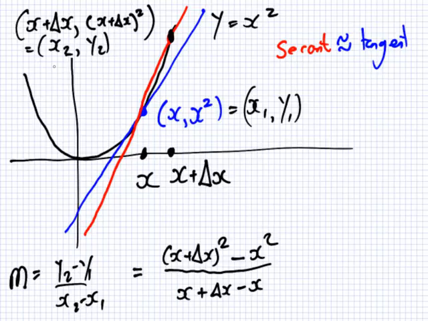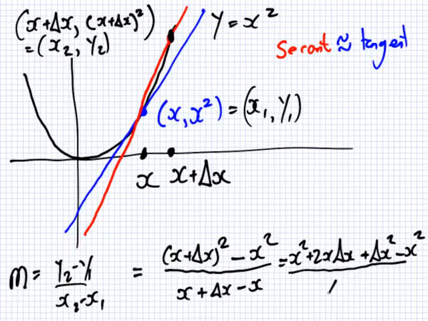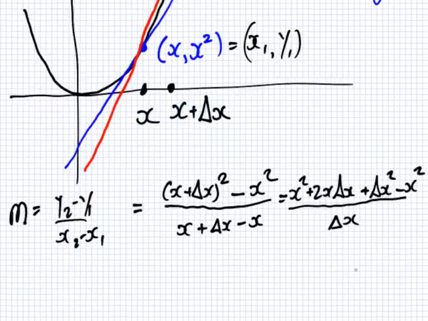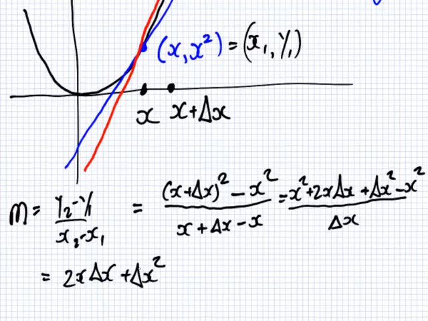Okay, so let's clean this up. On the top, we will get x squared plus 2x delta x plus delta x squared minus x squared, all over delta x. This is equal to 2x delta x plus delta x squared, all over delta x.